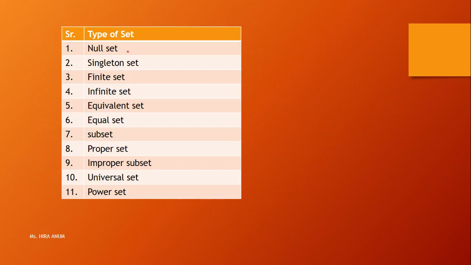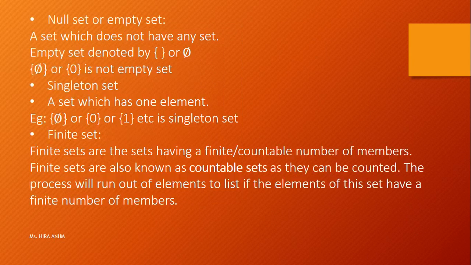Types of sets: null set, singleton set, finite set, infinite set, equivalent set, equal set, subset, proper set, improper set, universal set, power set. Null set or empty set: a set which does not have any element.